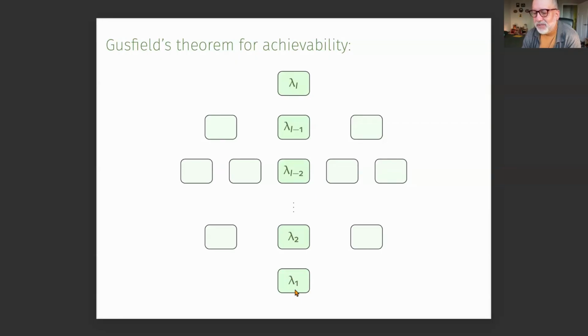You start from the bottom and you start alternating between men and women who choose, and I'm oversimplifying, but that's essentially what the Gusfield algorithm does. It starts from the men-optimal matching, and then it starts giving the women more and more say until they go up and up until they reach the top of the lattice.